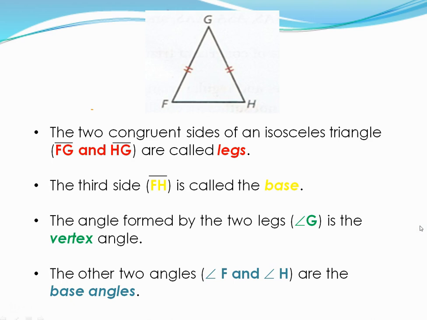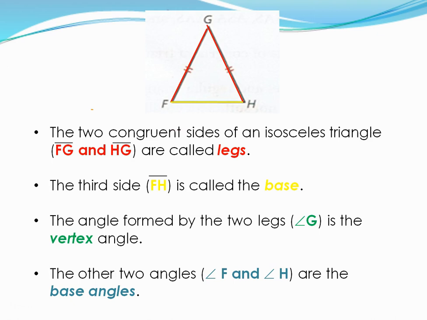Let's talk about the isosceles triangle a little bit more. The two congruent sides of an isosceles triangle, FG and HG, are called legs. The third side, FH, is called the base.